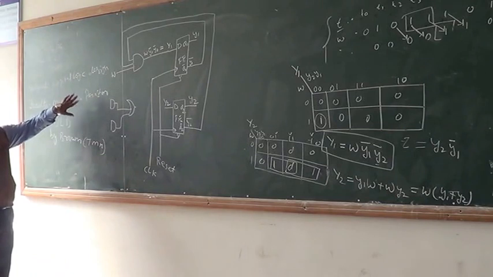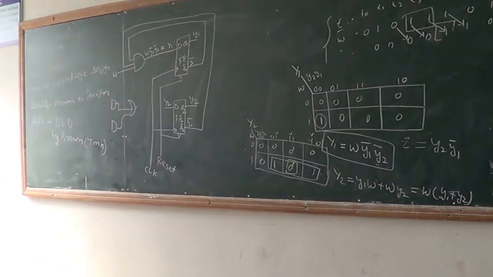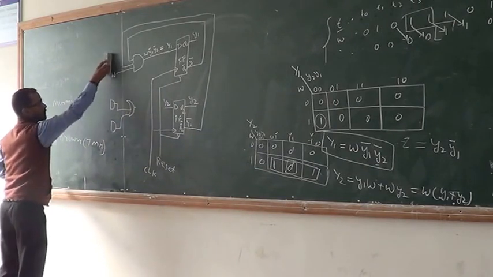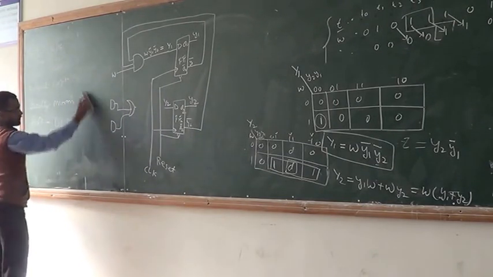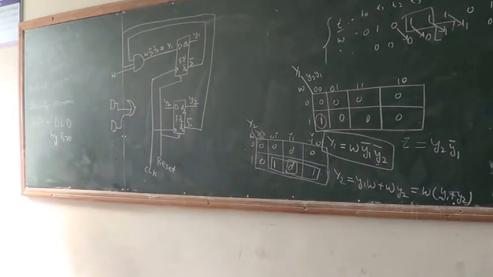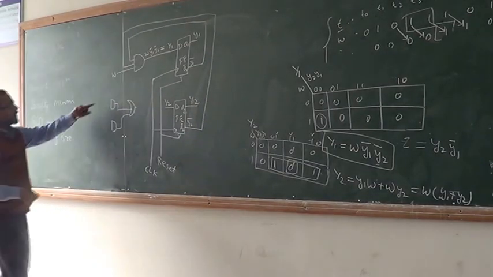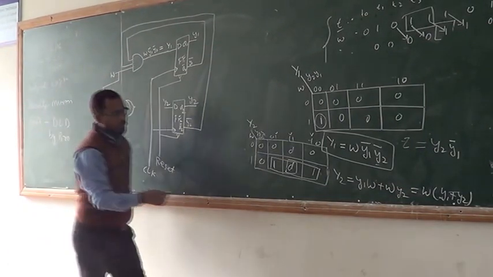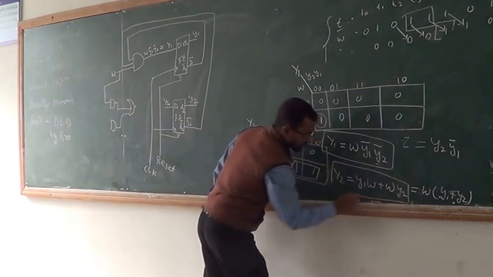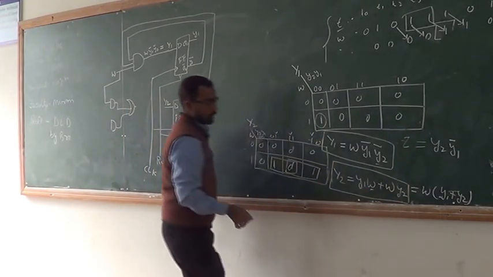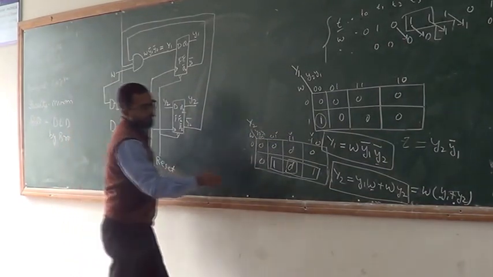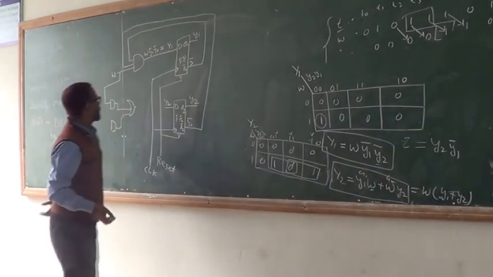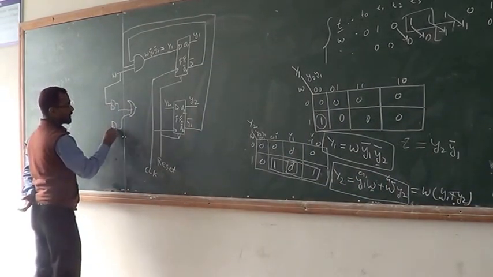I am rubbing this portion. Here, this is W. Now we realize this one. This is W. And we have considered these as gates G1 and G2. For simplicity we consider this is G1 and this is G2.